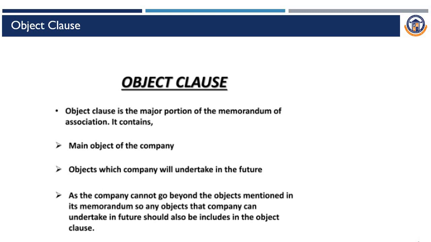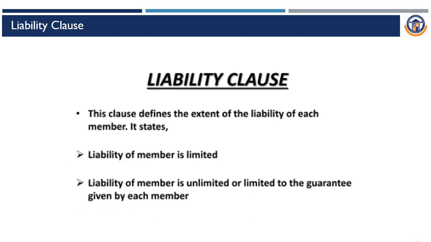That information should also be there in the clause, as a company cannot go beyond the objects mentioned in its memorandum. So whatever you have mentioned in this clause, you cannot deviate from in the future. If you have an idea to pursue other objectives in the future, that should be mentioned even now while registering. That is about the object clause.